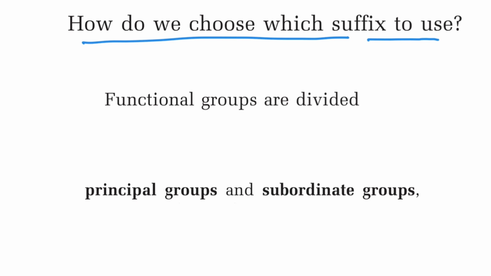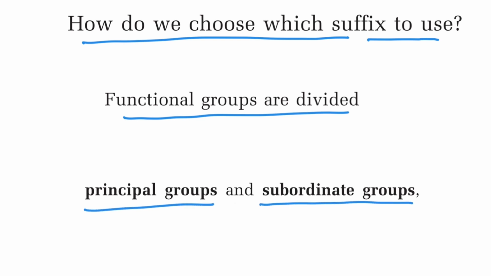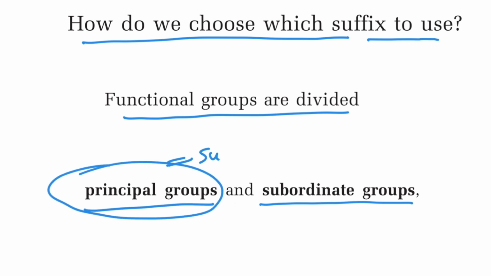So how to choose the suffix? Therefore, functional groups are divided. One is principal groups, another is subordinate groups. We have to focus on the principal group, which gives the suffix name. So now we will see how to select the suffix.